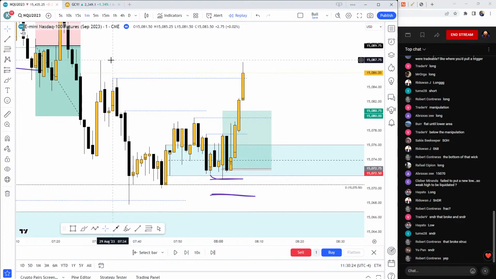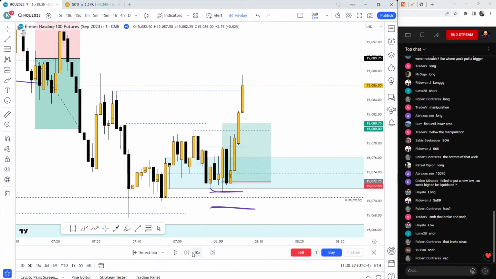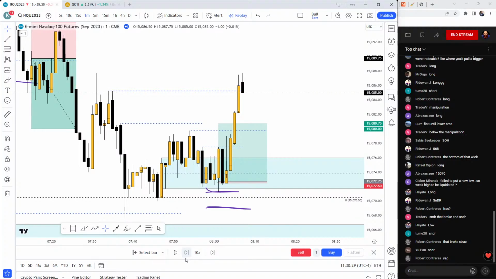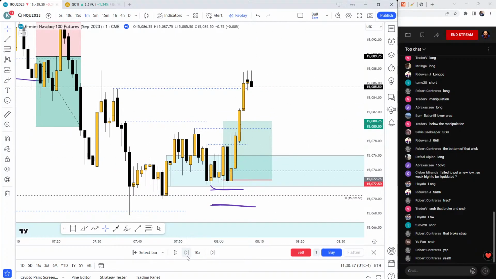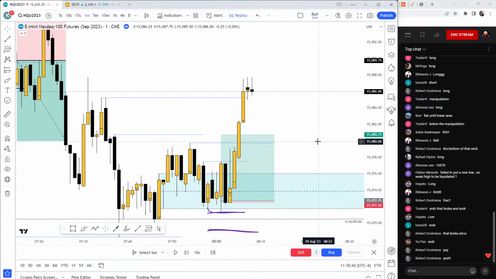Did we take that high? We did not. Are we taking this? Did we take it yet? 75. Exact high. Can it push it? Dangerous. So, are you guys holding for that last tick?